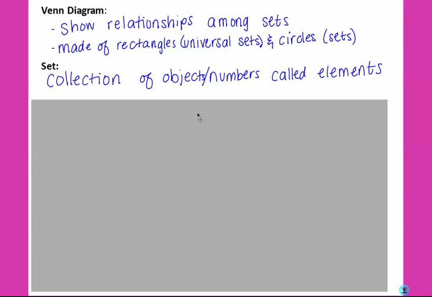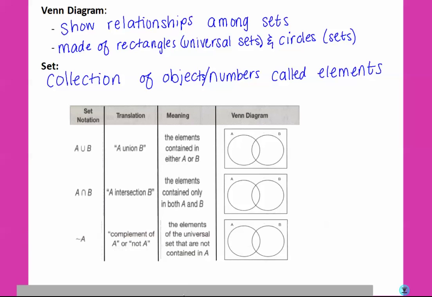So let's look and see how some things are represented using Venn diagrams. The first set notation is A union, which union is a U, B. These are the elements that are contained in A or B. Now, if you recall from earlier, when we were writing in symbolic notation, the or looked like a V. So or is pointed when it's in symbolic notation, but it's curved when we use set notation.